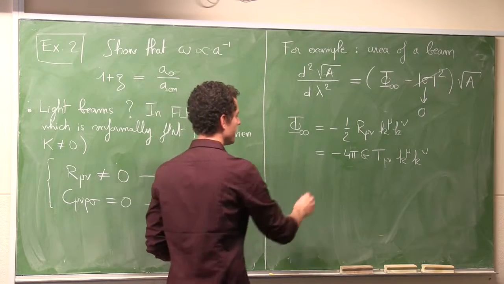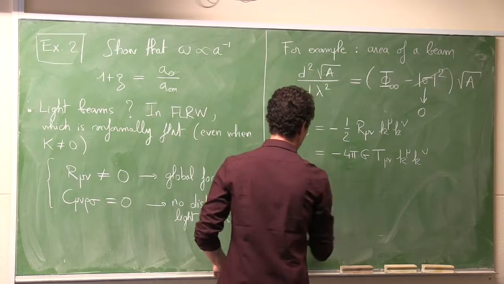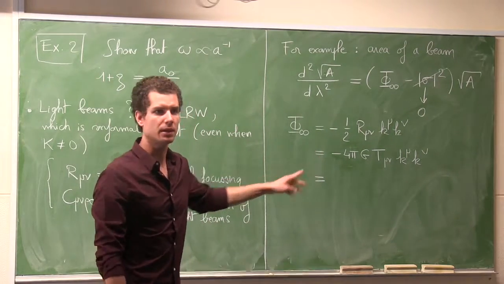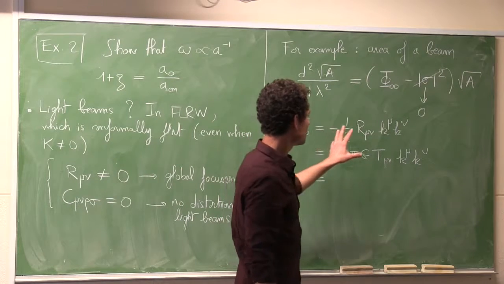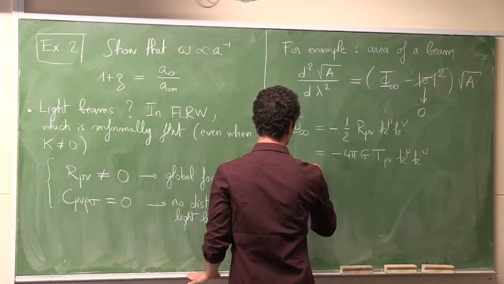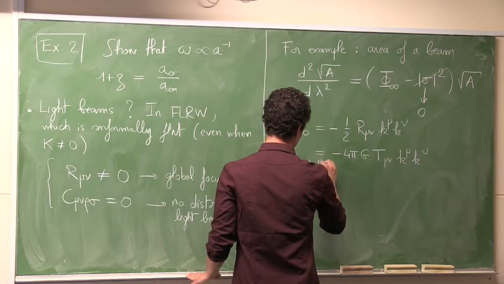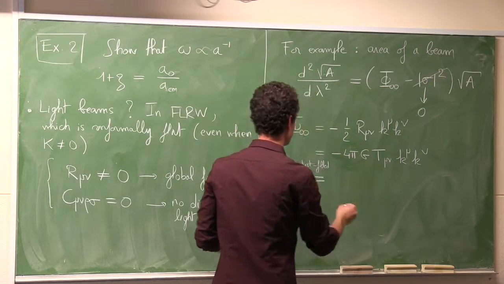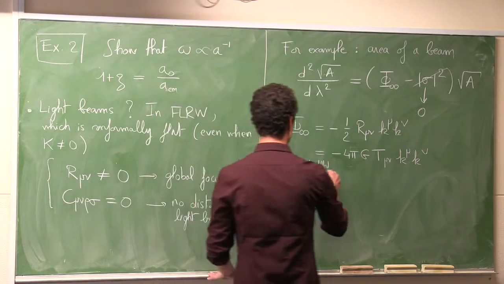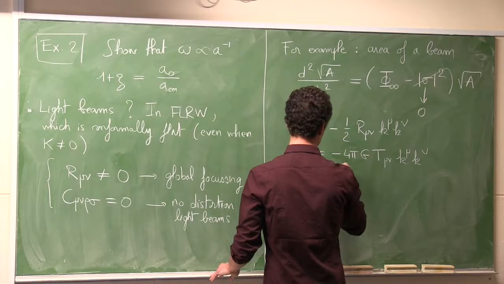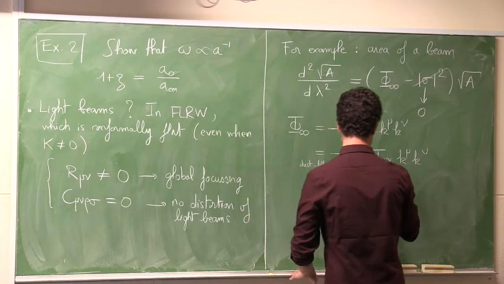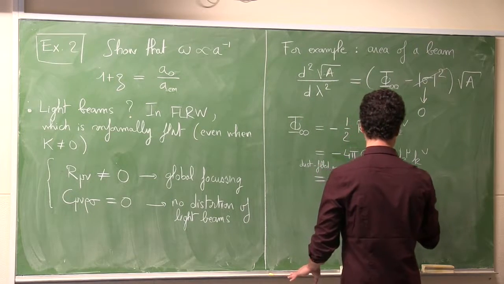And if I specify here the T mu nu of the FLRW geometry, if I take, for example, a dust universe, so no pressure, just dark matter and baryonic matter that is not relativistic, then what I get is simply this thing, omega squared.